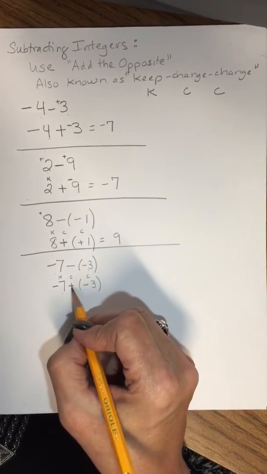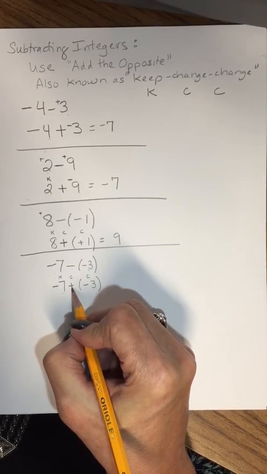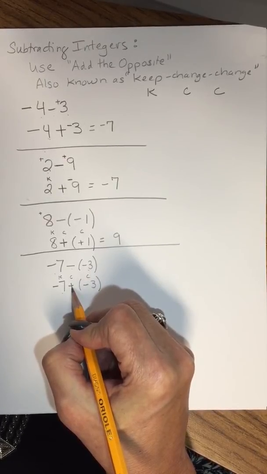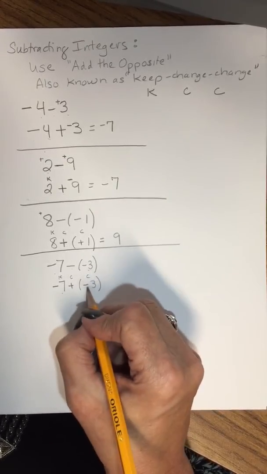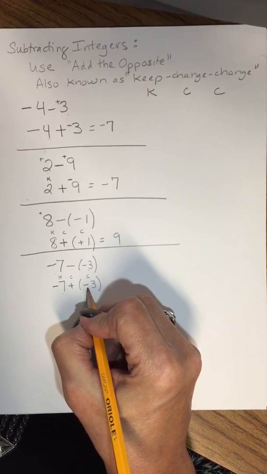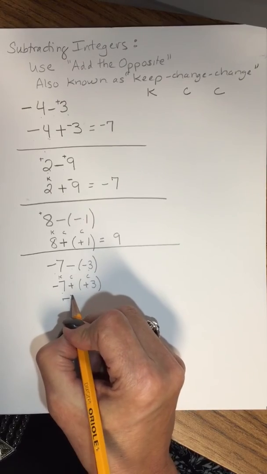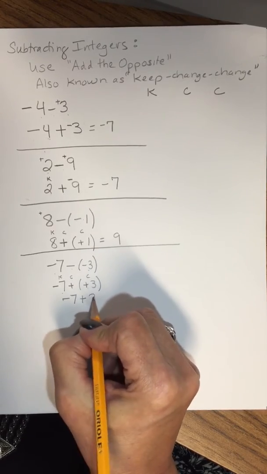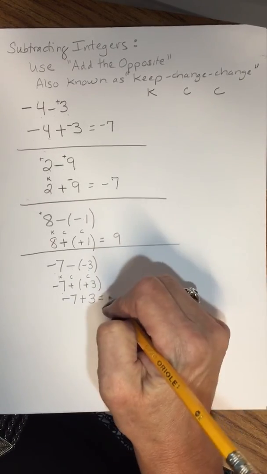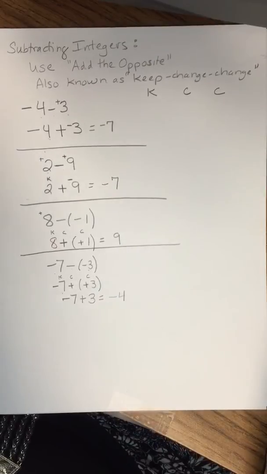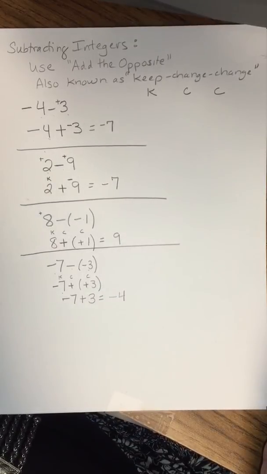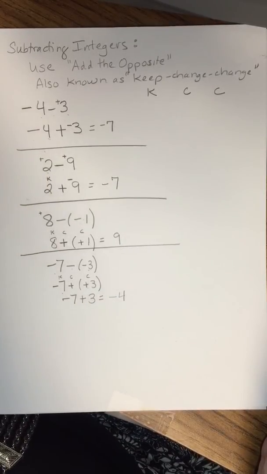We change the operation from negative to positive, and we change the second number from negative to positive. So in this case, this would be the same thing as -7 plus 3, which you know is -4. And that is how we use the keep, change, change method to subtract integers.